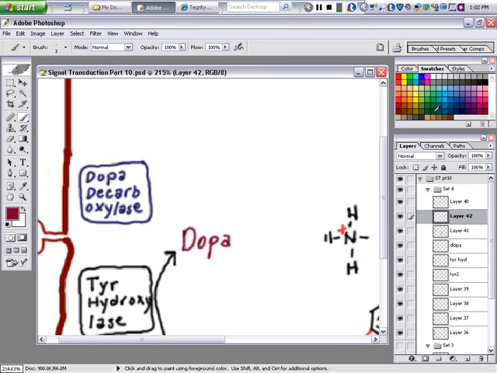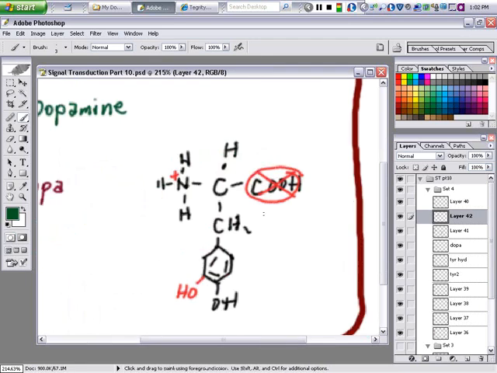What would be a good name for this compound here? If you take the carboxyl group off of dopa, you make dopamine. Exactly. So now we have dopamine.